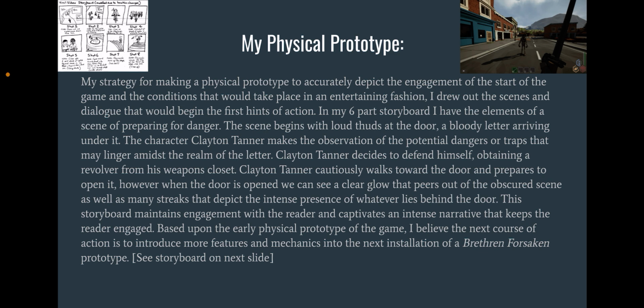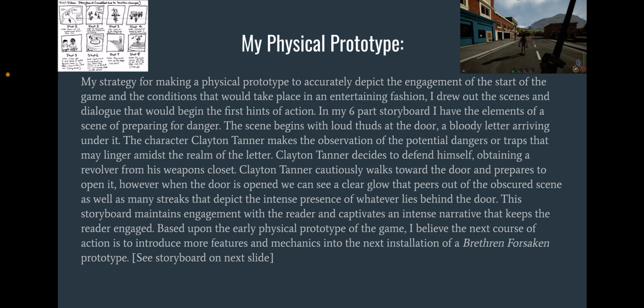However, it does seem that there are two eyes that glow and peer out of the obscured scene. There are also many streaks that depict the intense presence of whatever lies behind the door. This storyboard maintains engagement with the reader, and it captivates an intense narrative that keeps the reader engaged throughout.